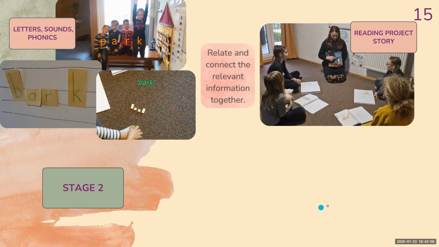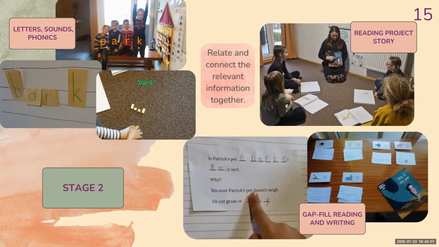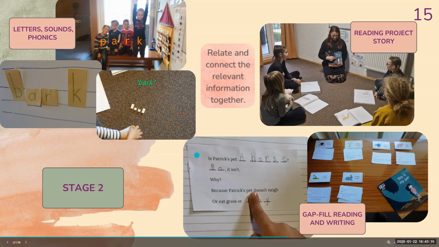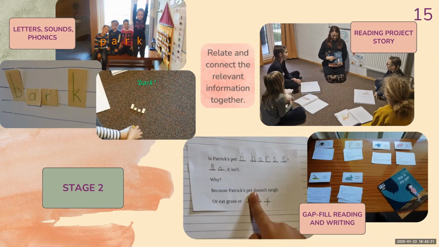Once they know the story, and because the story is trivial, they know it by heart, we combine the spelling that we've done in the first phase and the story, and they start writing. So children fill in gaps in the project story text and then read it.